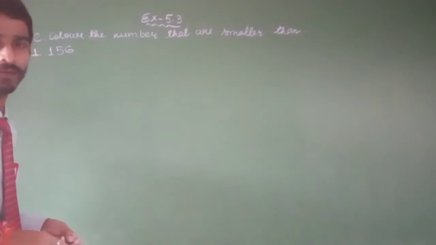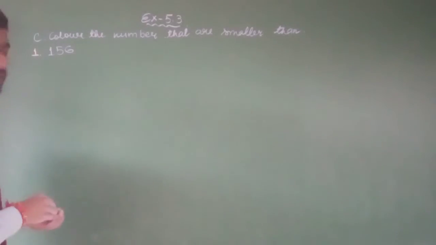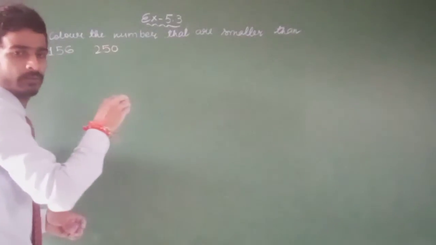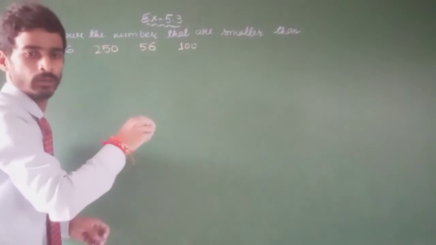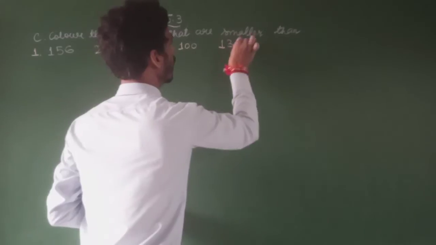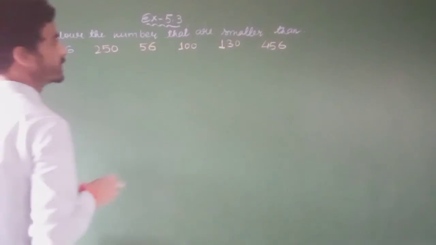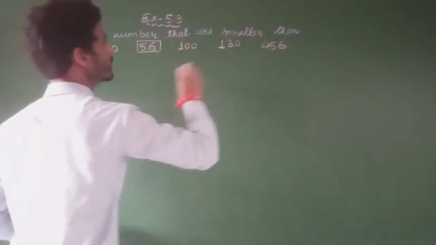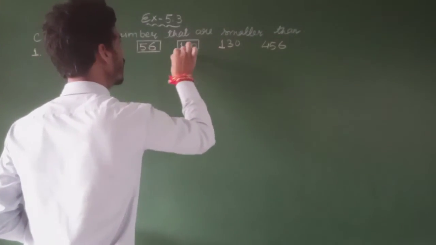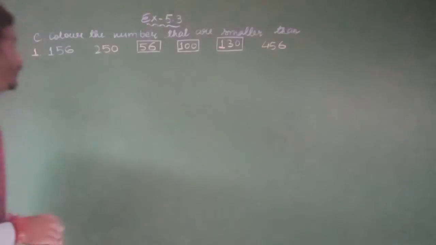The numbers are 250, 56, 100, 130 and 456. Which ones are smaller than 156? So 56 is smaller than 156, 100 is smaller than 156, and 130 is also smaller than 156.